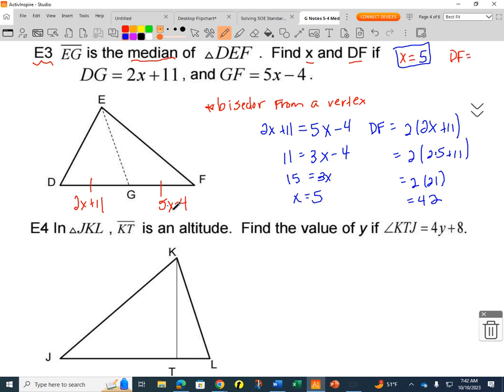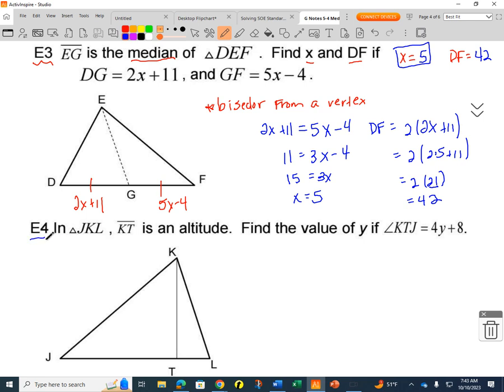You can see if you did it here, 5 times 5 is 25, minus 4 would also be 21. So either way, we could add them like we did in the first example, but now we know DF is 42.